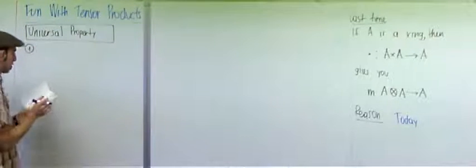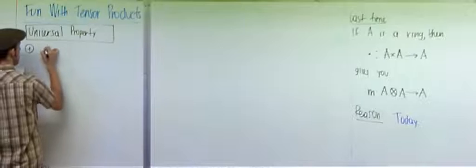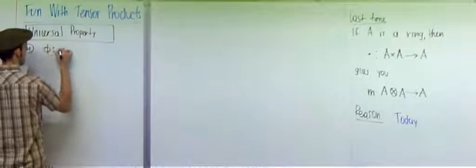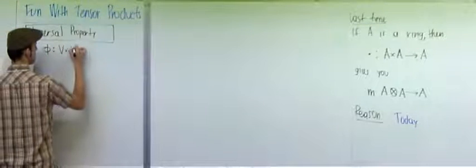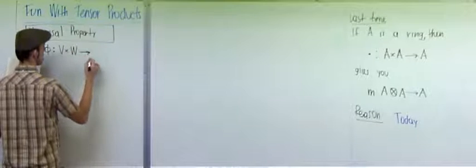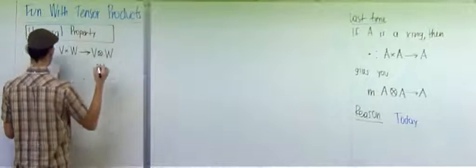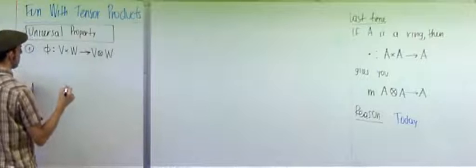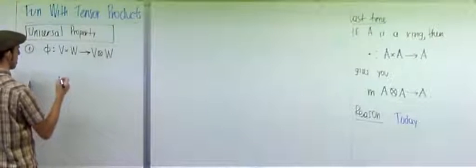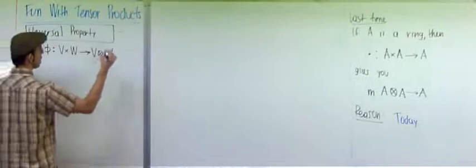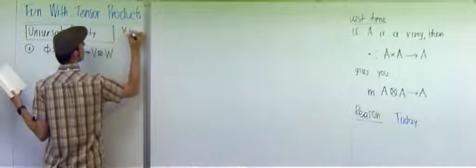First of all, let's say V and W are vector spaces.